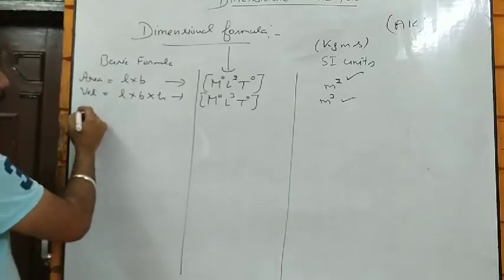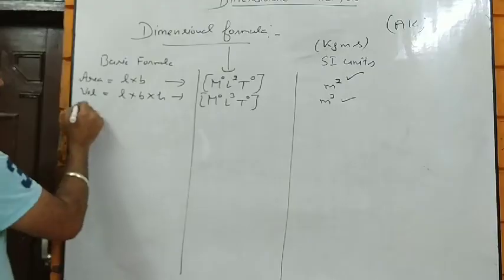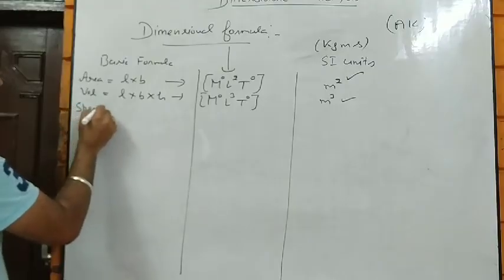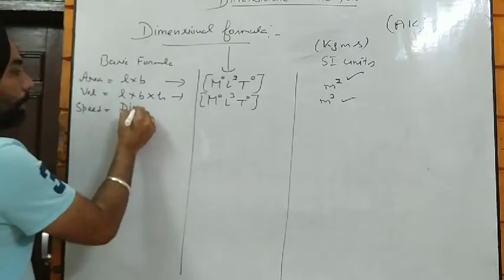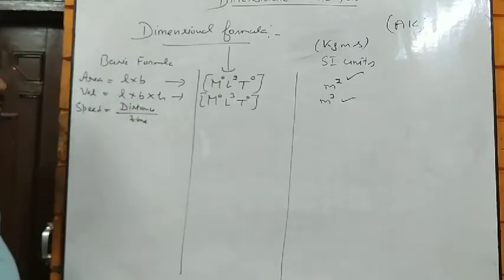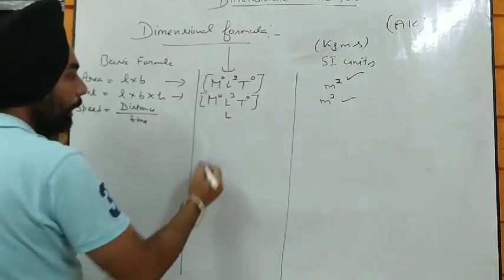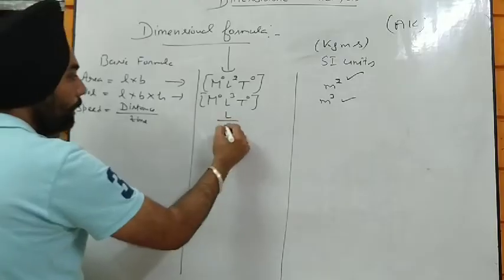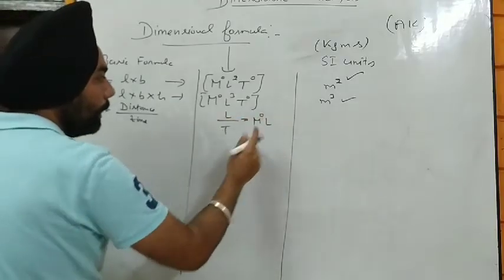And now the next one, we are moving ahead for, let's take a dimensional formula for speed. Now what is speed? Speed is distance over time. So which means now distance is taken as length and time is taken as T. Now in this there is no mass, L^1.